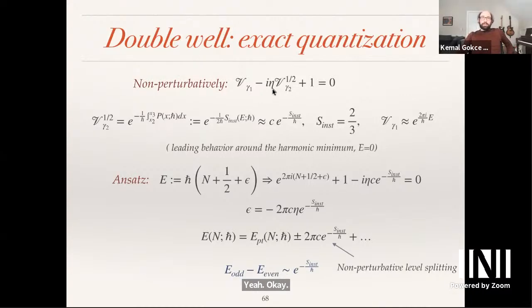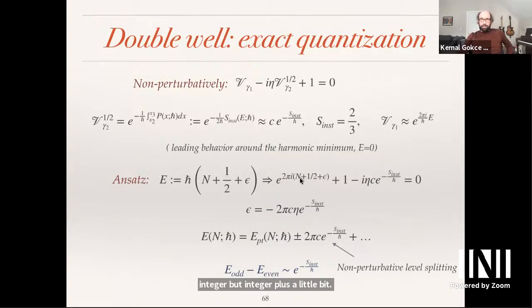So now I can take into account the non-perturbative corrections by taking into account this term here. Again, let me start from E equals 0 and make an ansatz that my energy is the harmonic oscillator spectrum, n plus a half, but not exactly an integer, an integer plus a little bit, epsilon.